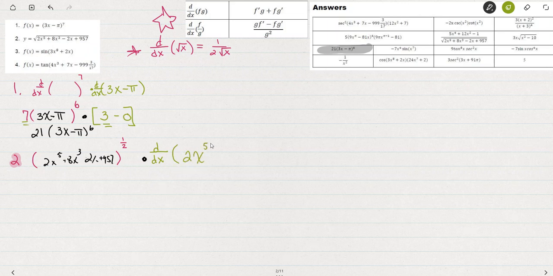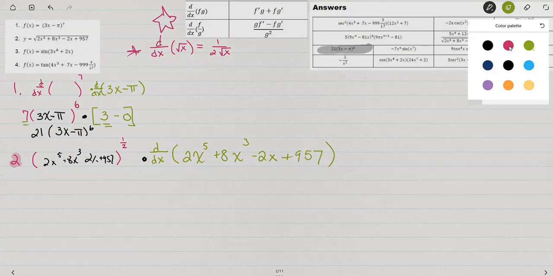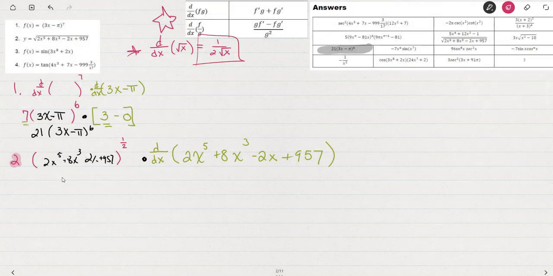That's the 2x to the 5th, I'll write it more neatly this time, plus 8x cubed minus 2x plus 957.